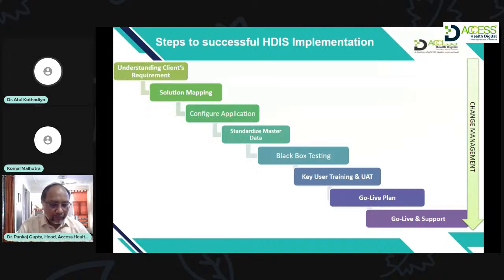The life cycle is: you gather all the requirements from the client, record them, analyze them, get them validated by the client on whether they are correctly noted and recorded, and then you can keep the traceability of the requirements. This is all about requirement gathering.